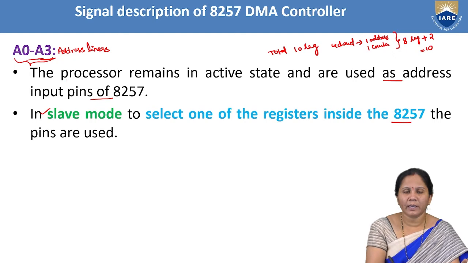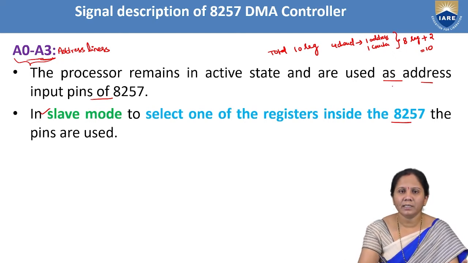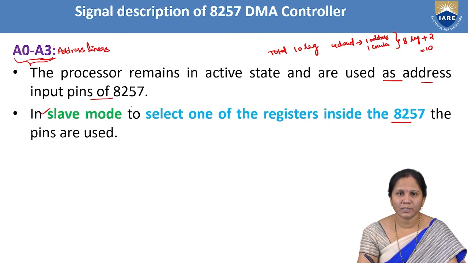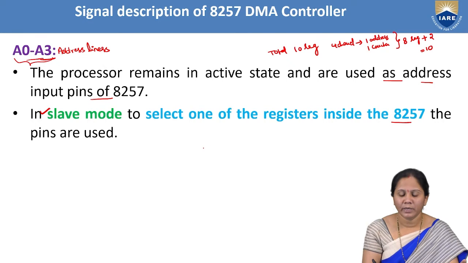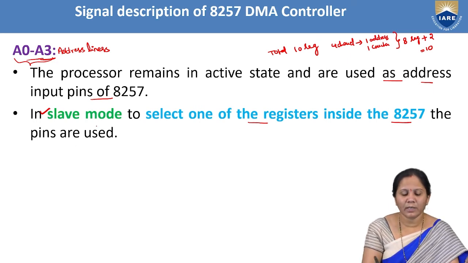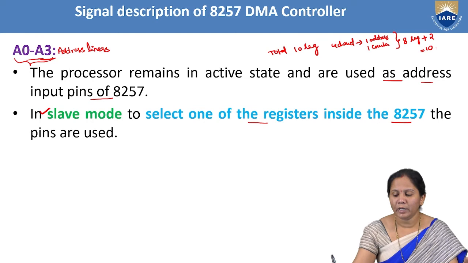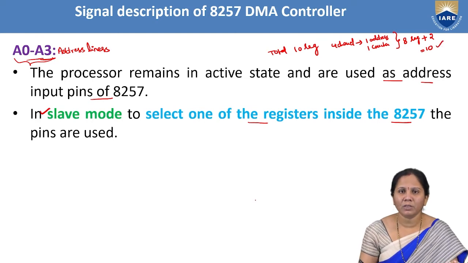Especially A0 to A3 are used to select the address inputs of 8257. When this 8257 is operating in the slave mode, it is going to select one of the registers inside this 8257. Based on these A0 to A3 lines only, any one among the 10 registers will be selected.